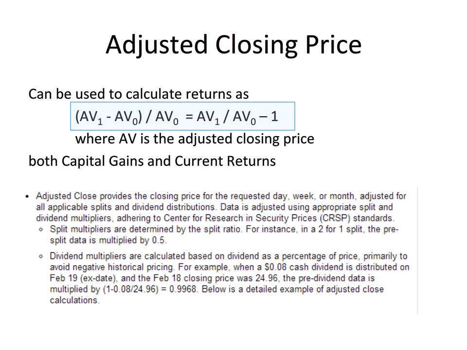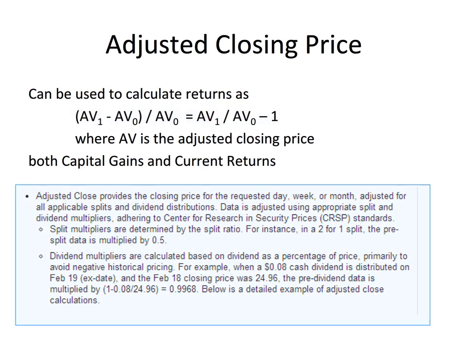This will include both capital gains and dividends. You can restate that as ending divided by beginning minus 1. There are standards for calculating the adjusted close. I included here on this slide a brief description from the Yahoo Finance website.